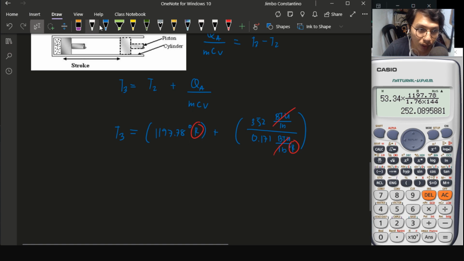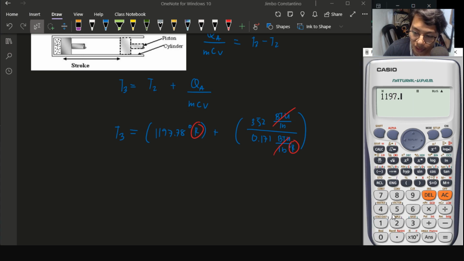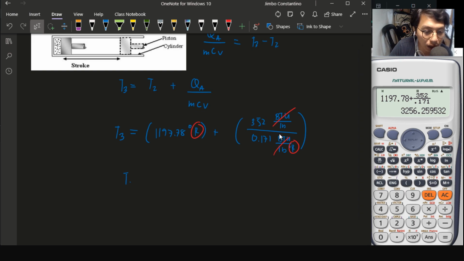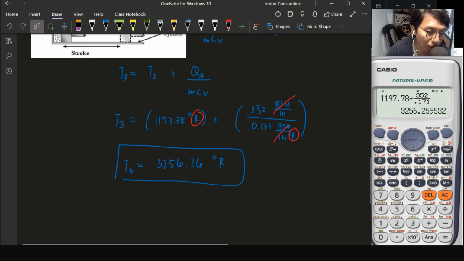Then we can solve for T3. T3 is 1197.78 plus 352 divide by 0.171. Dapat mas mataas siya sa T2. So, 3256. Okay? T3. 3256.26 degrees Rankine.